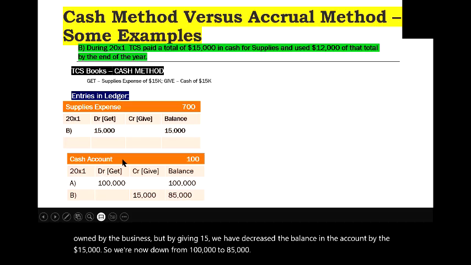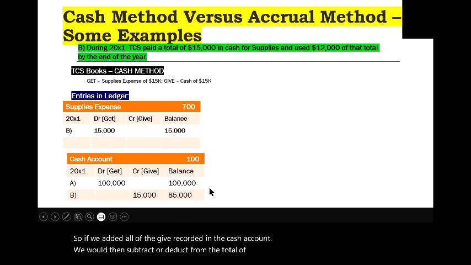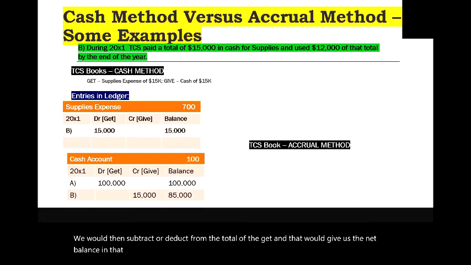So this asset account cash was initiated with a get, but the impact of a give in the same account is a decrease. So if we added all of the give recorded in the cash account, we would then subtract or deduct from the total of the get, and that would give us the net balance in that particular account.